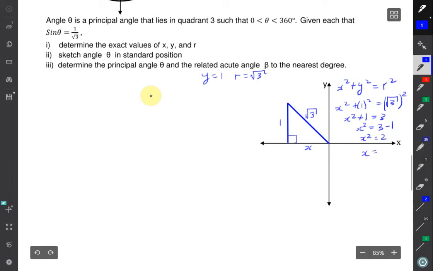That means that x is equal to positive square root of 2. Now, in this case, I do have to interpret my answer based on where it's located. So in this case, the reality is, based on my diagram, that it actually is minus the root of 2. So this x here is minus root 2.